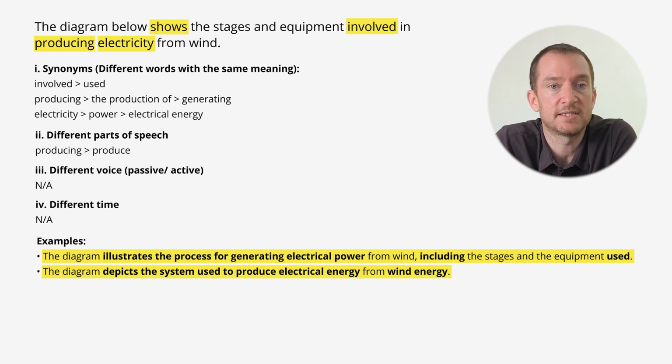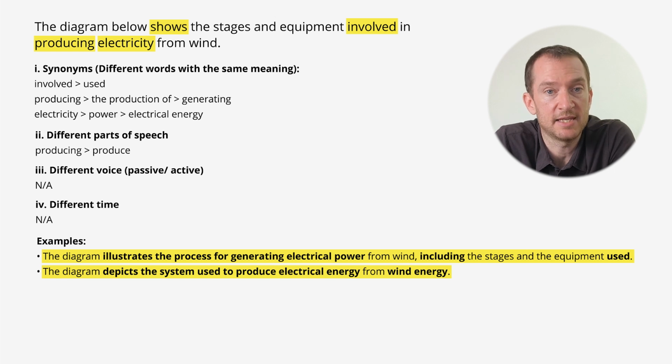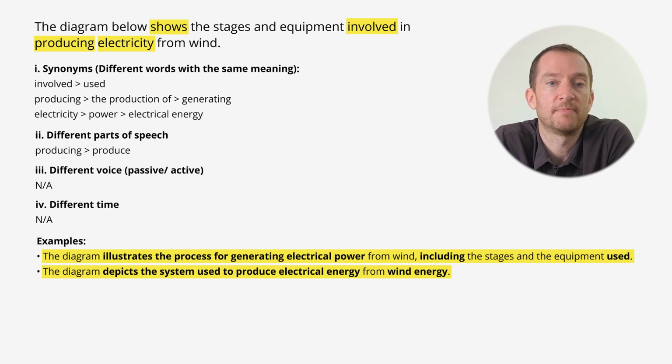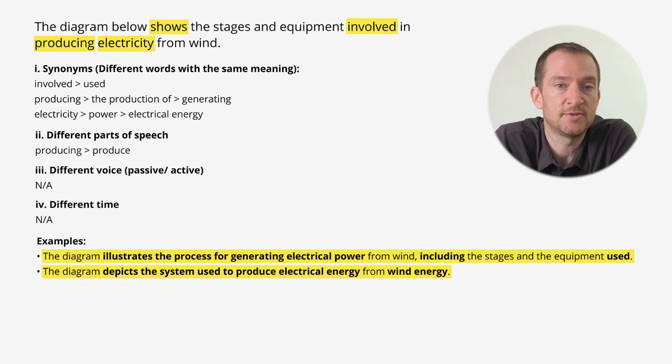Also, instead of using stages and equipment at the beginning of the sentence, as in the rubric, we've moved it to the end of the sentence in the first example and removed it completely in the second example, and simply used system to capture the same idea.